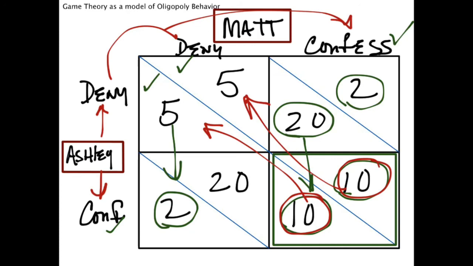Clearly, the answer is yes, and that is, I'm going to put this in red, to deny. If they could collude, if they could agree to deny, then they're back to the original charge, which they got busted for anyway. It would be their optimal decision. Therefore, this is, in fact, a prisoner's dilemma.